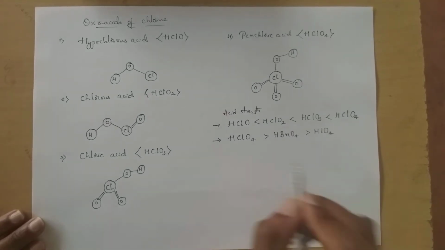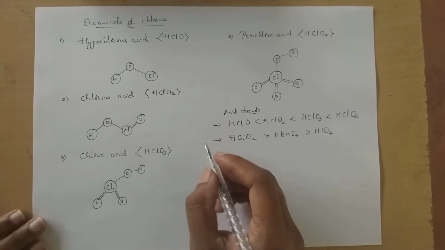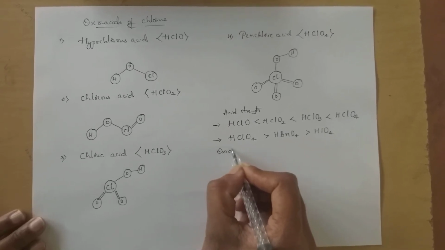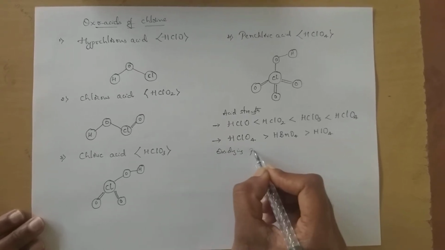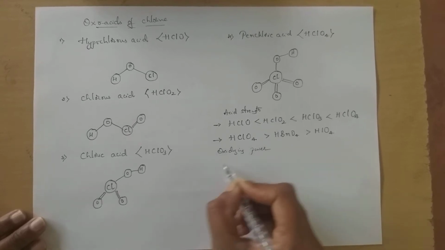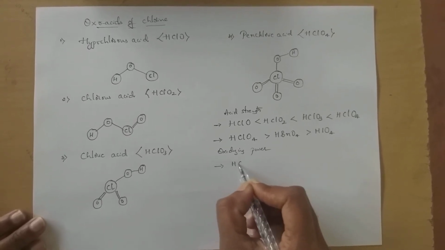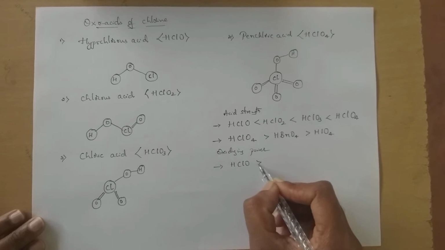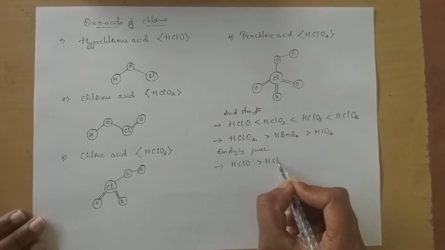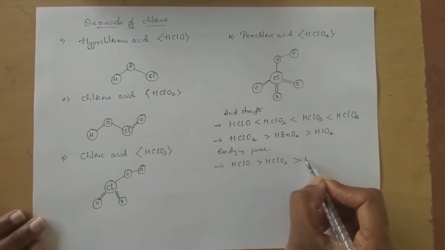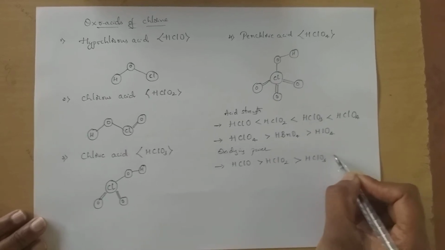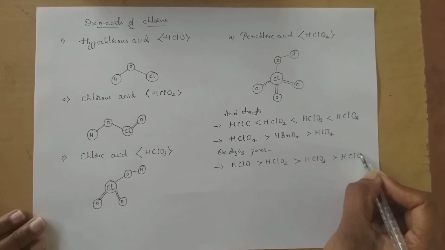Next, order of oxidizing power. That is HClO greater than HClO2, further greater than HClO3, which is further greater than HClO4.